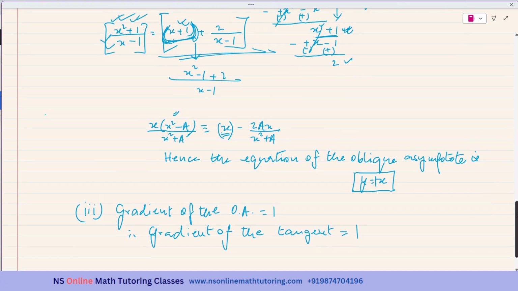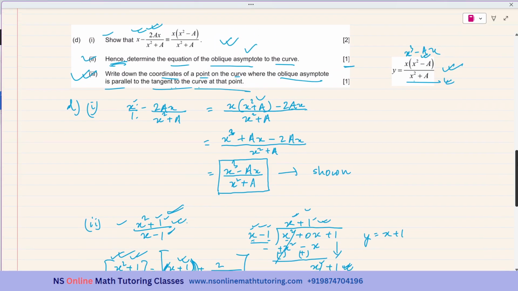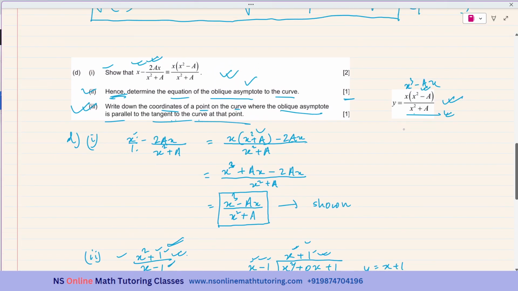And what is the gradient of a tangent? It is the value of the first derivative when you put the x value for the point, the x coordinate of the point where the tangent is to be drawn, and you plug in that x value in the expression for the first derivative of the function, and you get the gradient at that point.